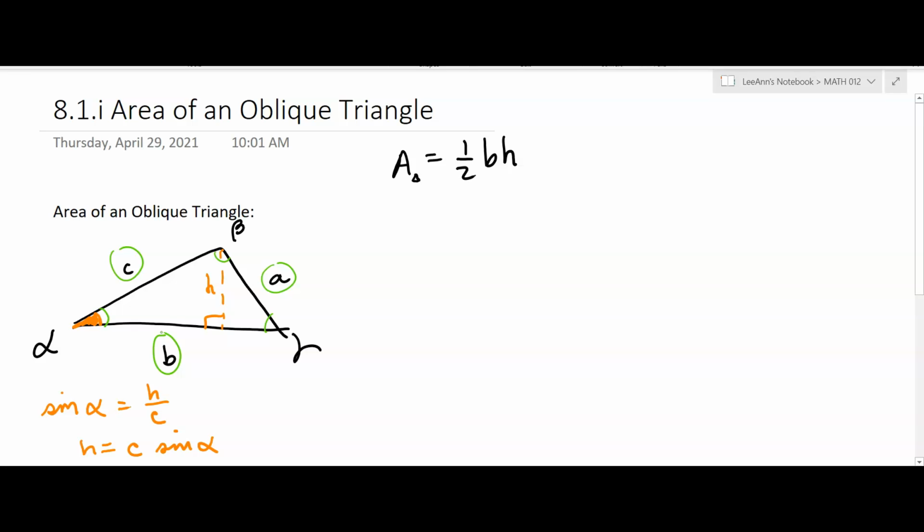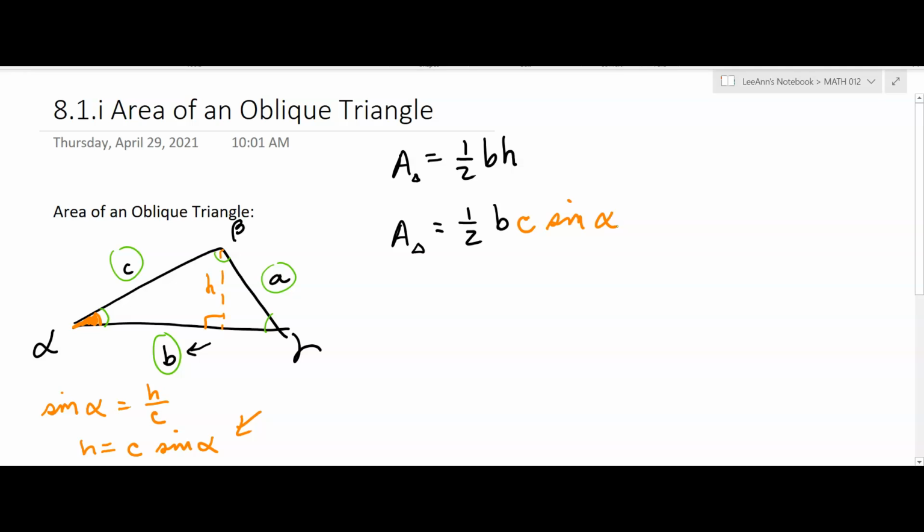Well, then now our formula becomes the area of the triangle equals 1/2 B, some side at the base, and for our example, we're using this as the base, and then H. H, though, we just have that C sine alpha. And so that becomes a formula.